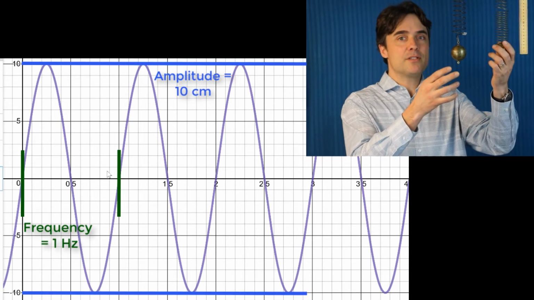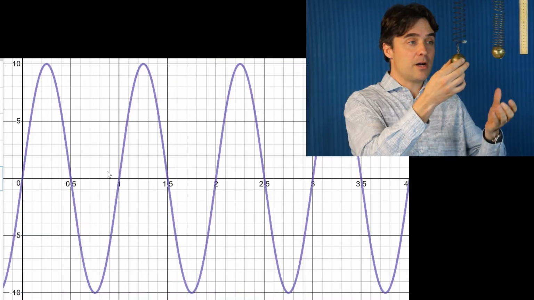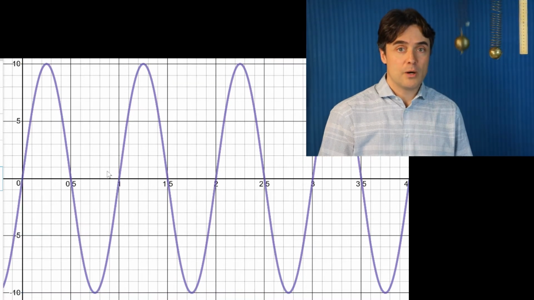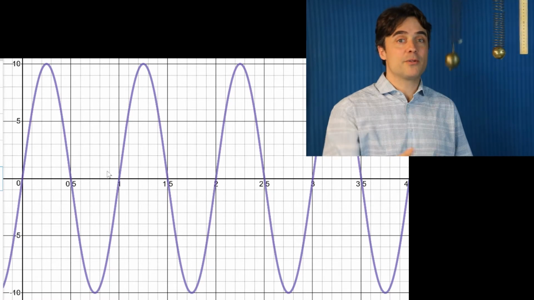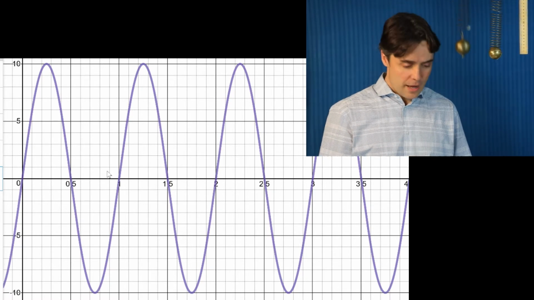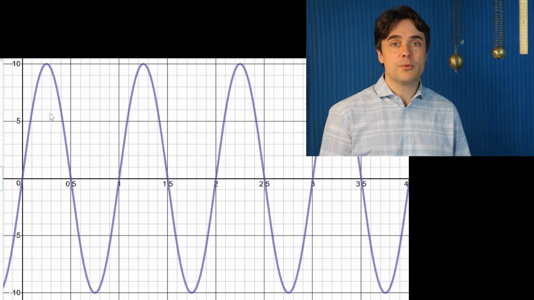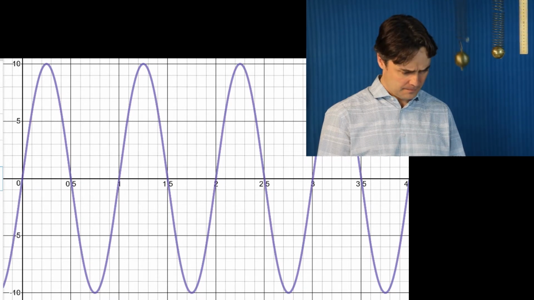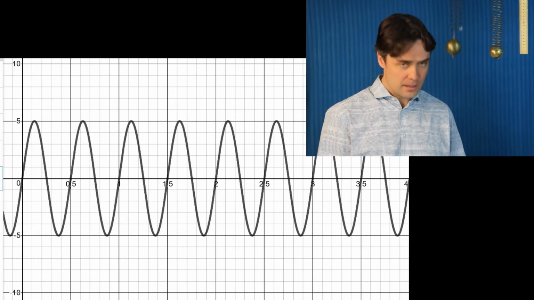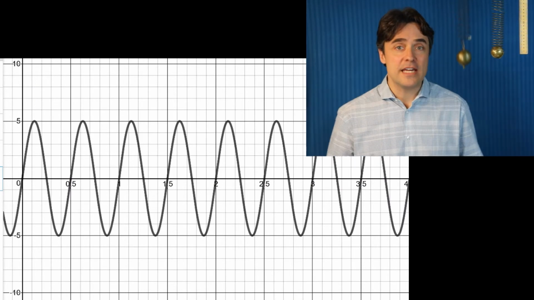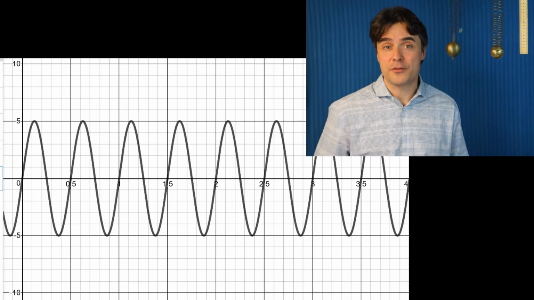So, what happens when we change to the other ball and spring? Well, we can pull it to minus 5 centimeters and the frequency is higher now. On the graph, what we do is we change how often the cycles happen. And in this case, you can see that they happen more often than with the other spring.